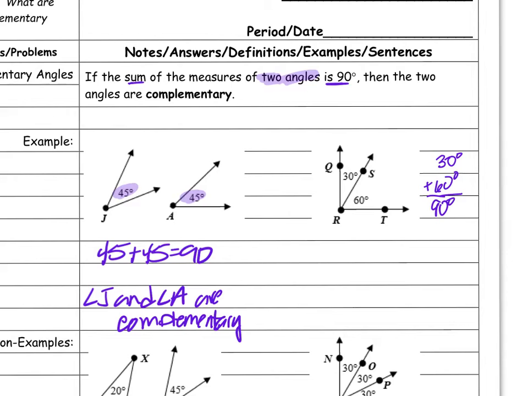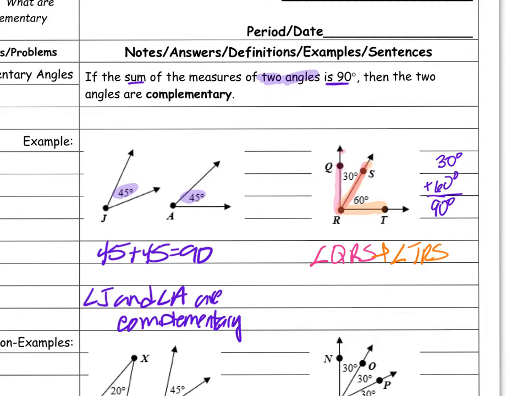different. Notice that these two angles, I'm going to write this out for you, angle QRS, which is this angle here, and angle TRS. They share a side.